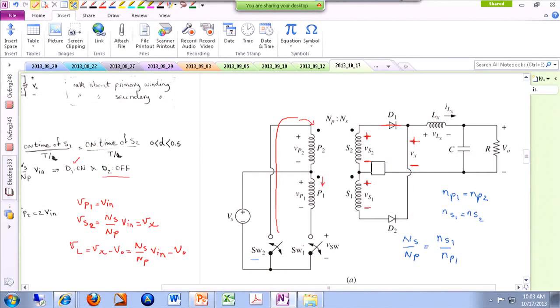Because if this current is 0 and this current is 0, look at this current. It flows over here. That means if you apply KCL over here, this current should also be 0. And this is the current of the inductor. It was being energized in the previous mode, and it is non-zero. So the inductor forces IS1 and IS2 to be non-zero.